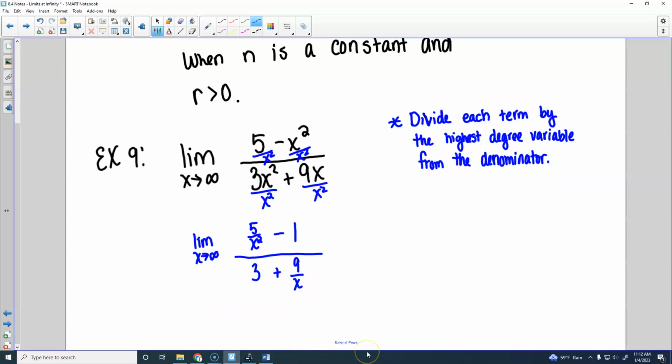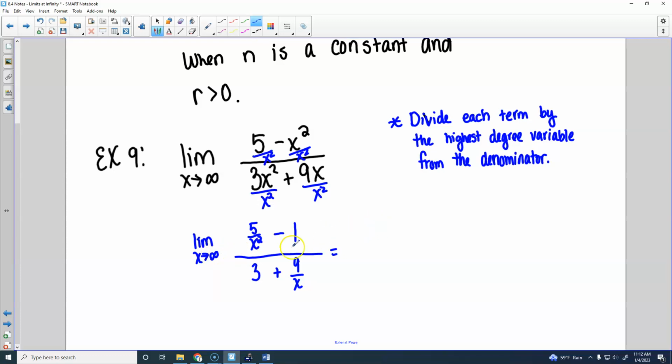Okay, now I'm going to write this next step, but I normally would not. So I'm going to write it this time just so you see what's happening. When we take limits, we can take the limit of the top of a fraction and the bottom of a fraction separately. We can also take the limit of terms that are added and subtracted separately.